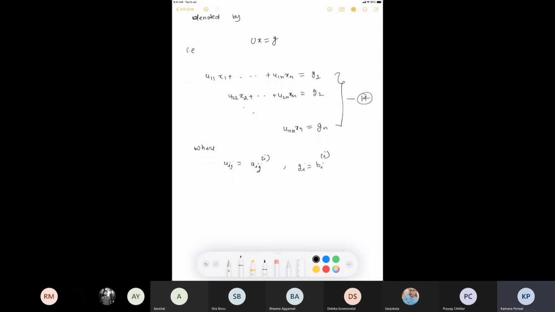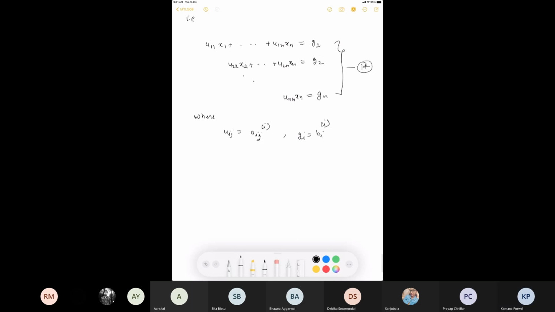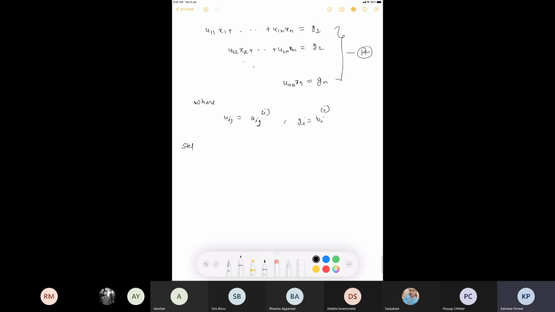So the last step is going to be that we solve this system 14 using back substitution. That is, we'll start solving from the last equation and then we go in the upward direction. So the last step, which is step n, is to solve system 14 using back substitution.